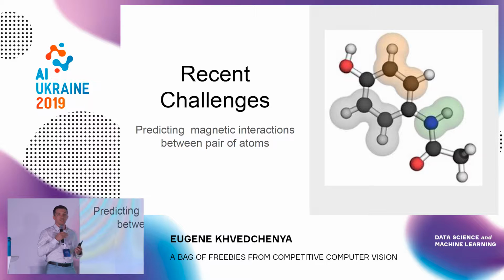Another interesting challenge is to predict the interaction between atoms in a molecule. This is really into the physics of atoms, and I suppose there is no one in this room who is actually doing physics of atoms, right? But probably some of you work on graph data.